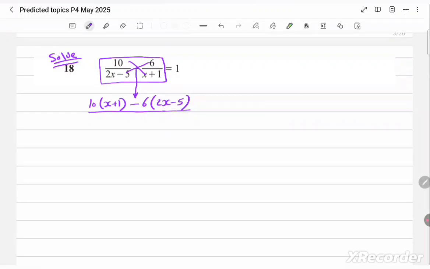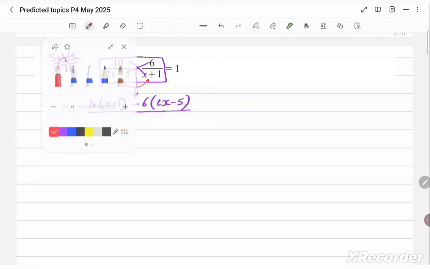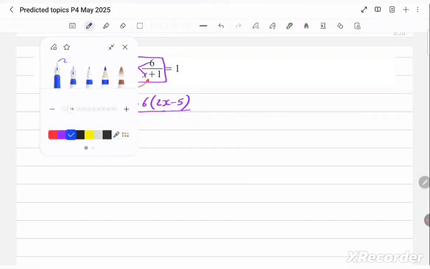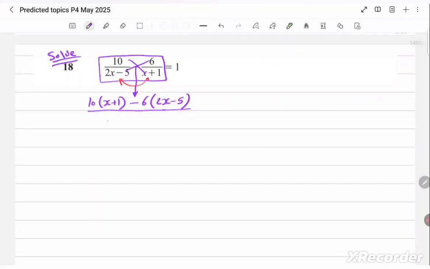In the denominator we multiply the denominators, so it will be 2x minus 5 times x plus 1.